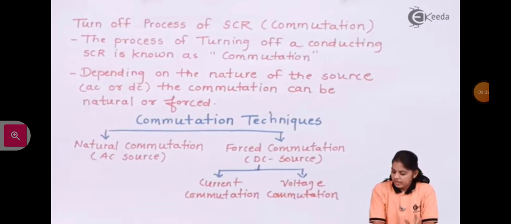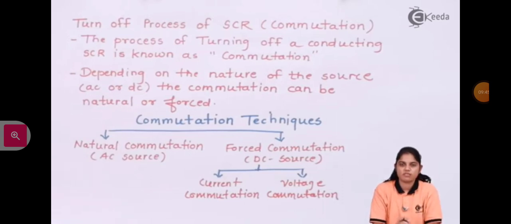If you reduce the anode to cathode current below holding current, your SCR will be turned off. This is the first criterion to be satisfied to turn off the SCR. The second criterion is that if you provide a negative voltage across anode to cathode, that is, if VAK is reverse biased or negative, then your SCR will be turned off.